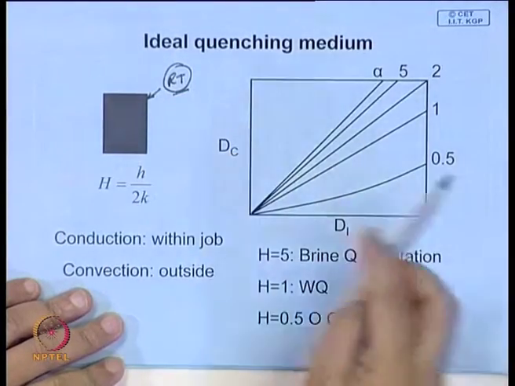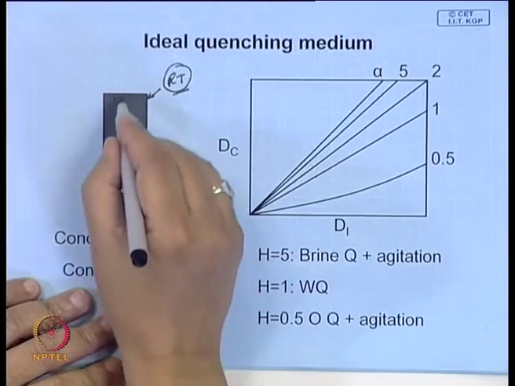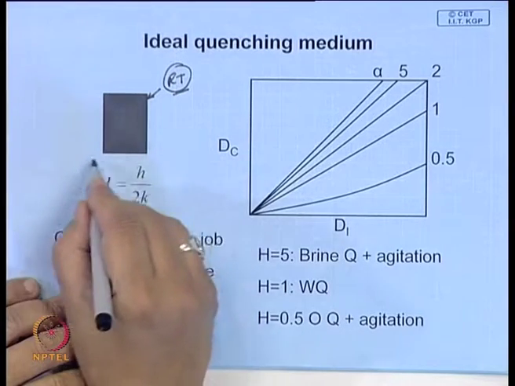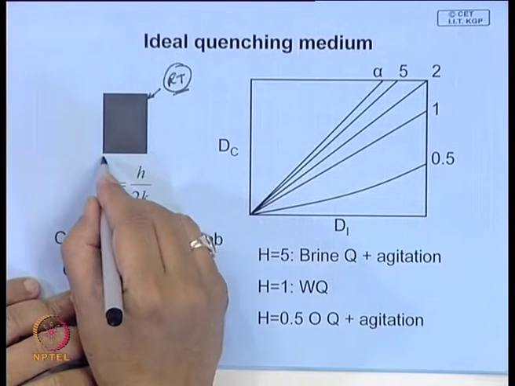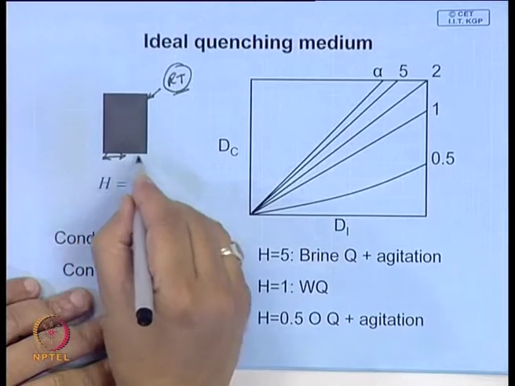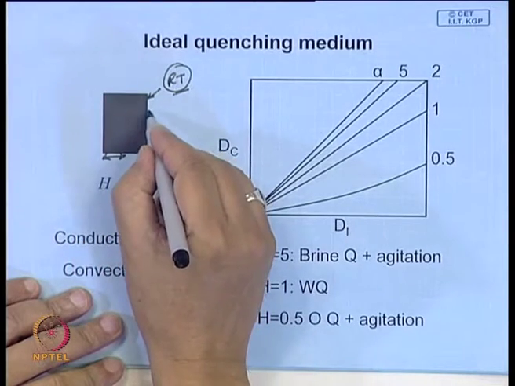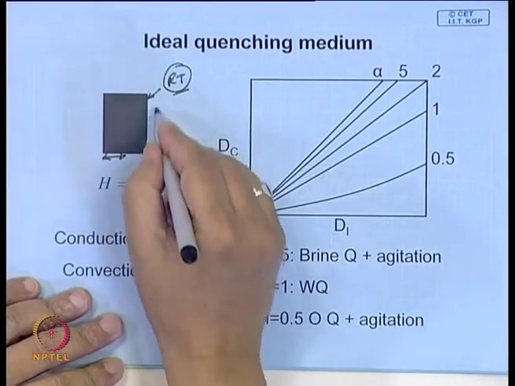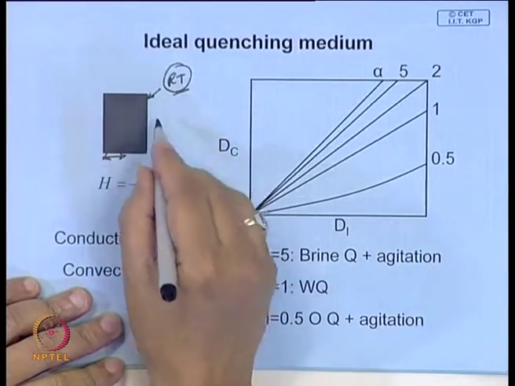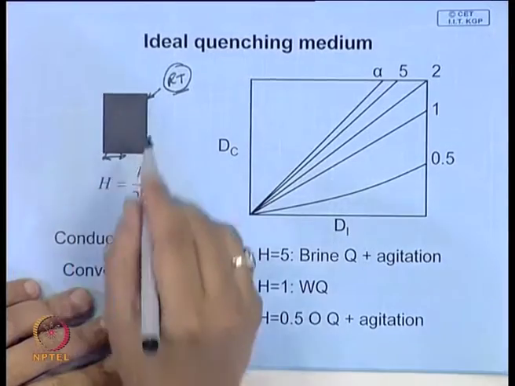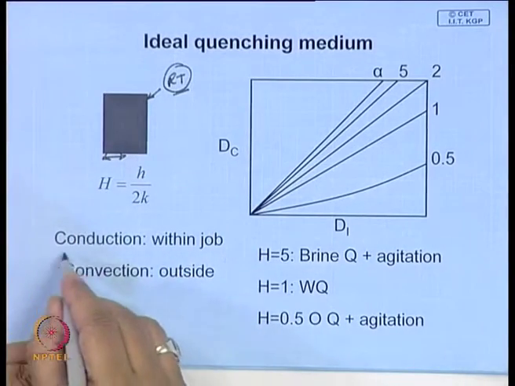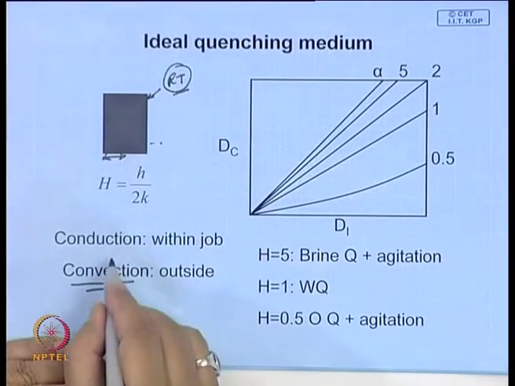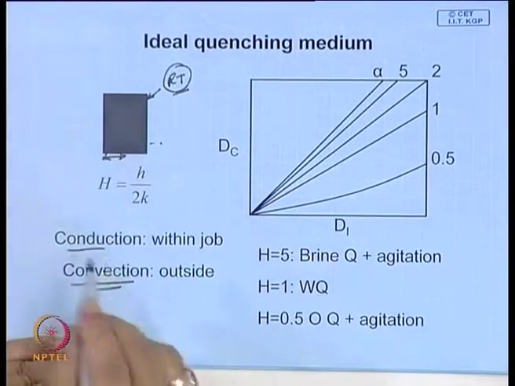In that case, what is happening? Now the heat transfer is totally determined by two things. One is the conductivity, but for this you have to have a very large, infinite convective heat transfer coefficient, because the major mechanism of cooling here will be convection over here in the water, and conduction within the job.